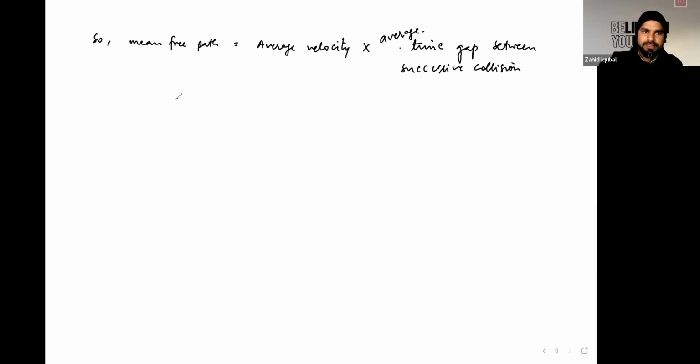So mean free path is denoted by lambda. Average speed is this, and the relaxation time or average time gap we have calculated in the left part. If you substitute, you will get 1 by n pi d squared times average speed. So this part and this part will cancel out. So we'll get lambda equals 1 by n pi d squared.